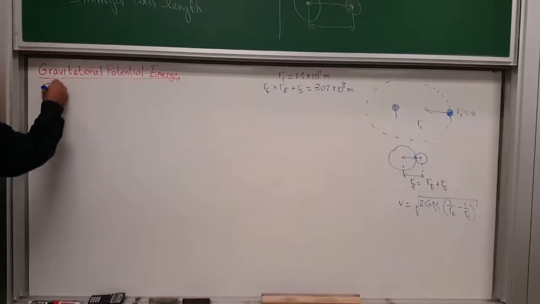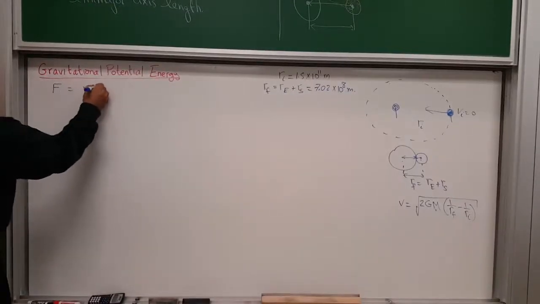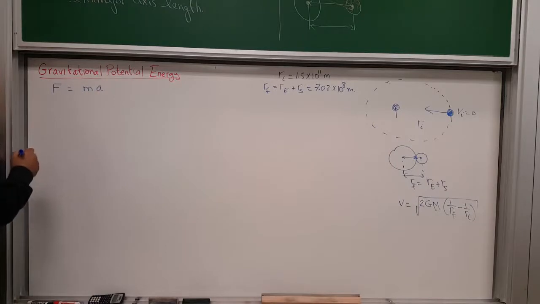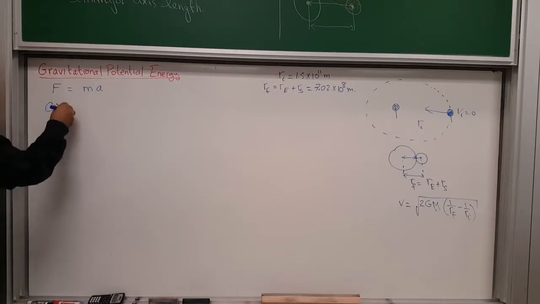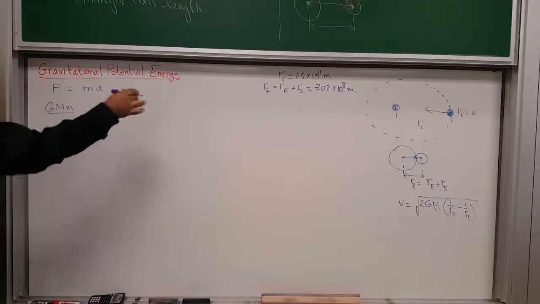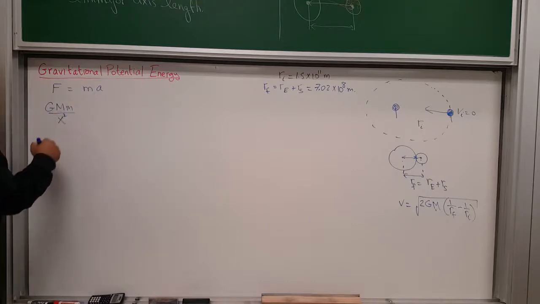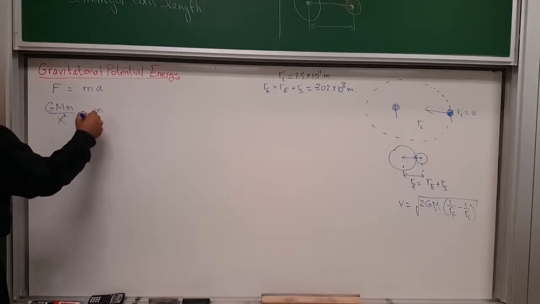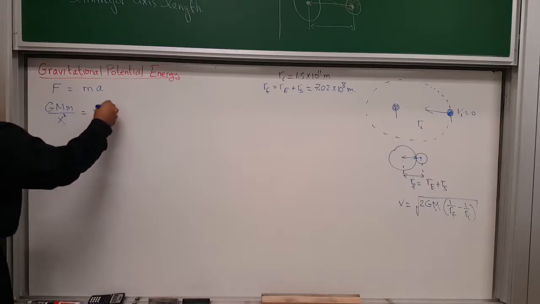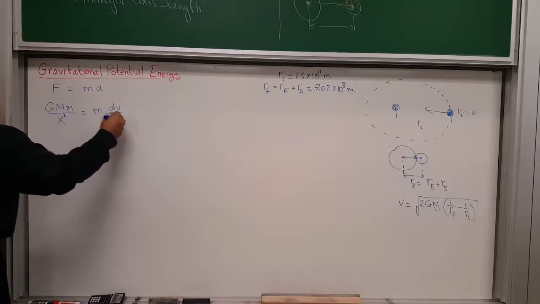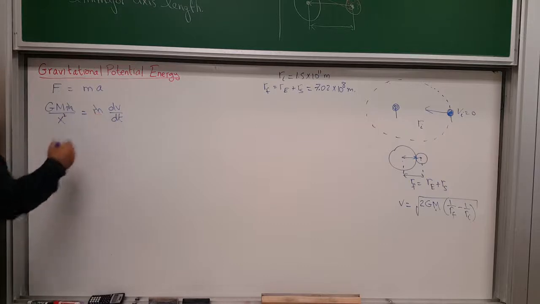We know that the net force on an object will equal the mass of that object times the acceleration. The net force on our object is capital G, capital M, little m divided by the distance squared, and the distance is along the x-axis, so x squared. And here, little m times the acceleration, and the acceleration is dv dt. And the mass cancels.